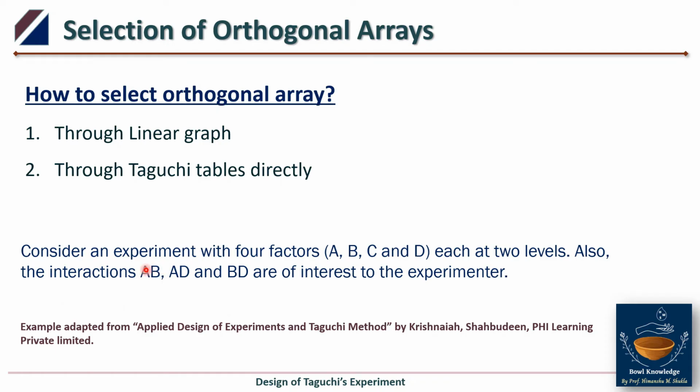Factor A is interacting with factor B, factor A is again interacting with factor D, and factor B is also interacting with factor D. So apart from 4 main factors, there are 3 interactions. This basically shows the requirement of my experiment. Now how to select the particular orthogonal array which is best suited for this requirement?